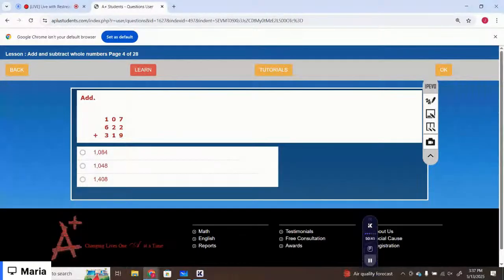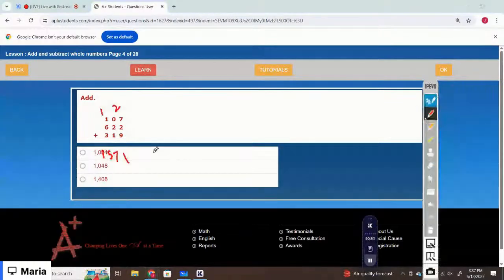107 plus 622 plus 319. 7 plus 2 is 9. 9 plus 9 is 18, right? Carry 1, 2, 3, 4, 6 and 3, 9 and 1, 10. That is 1048.